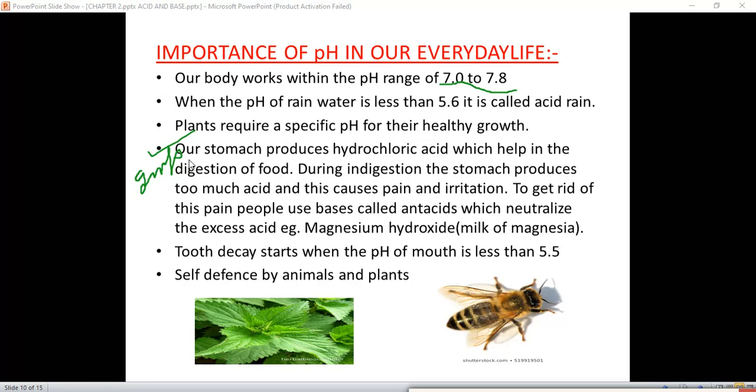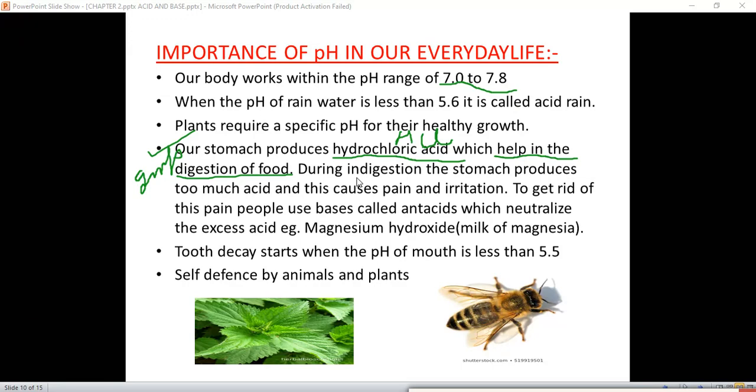Okay, so our fourth point is, our stomach produces hydrochloric acid. This is a very important point. Which acid is produced by our stomach? Hydrochloric acid, HCl, which helps in the digestion of food. During indigestion, the stomach produces too much acid, and this causes pain and irritation.